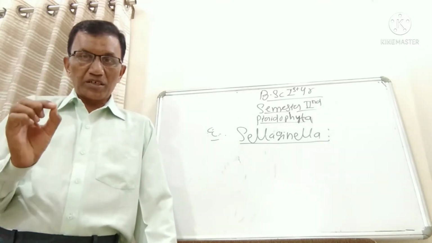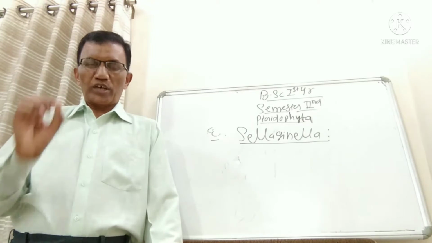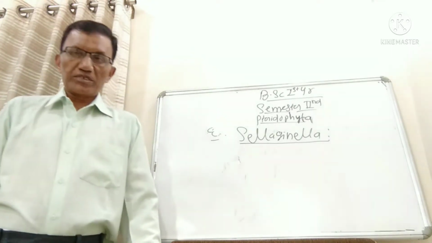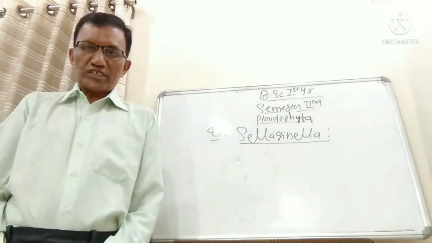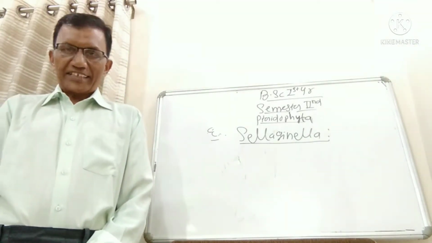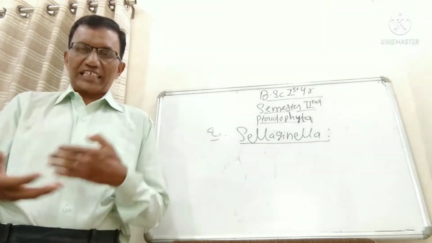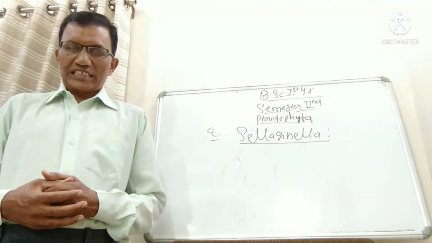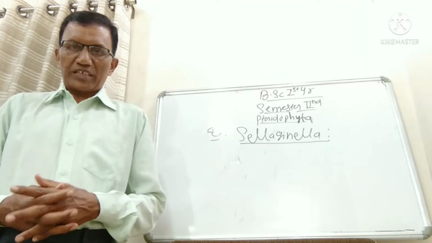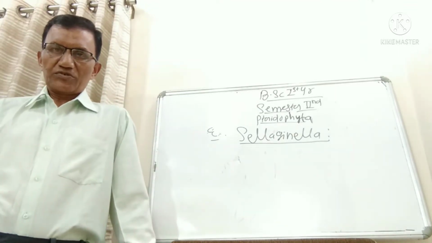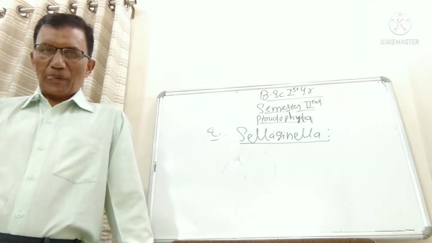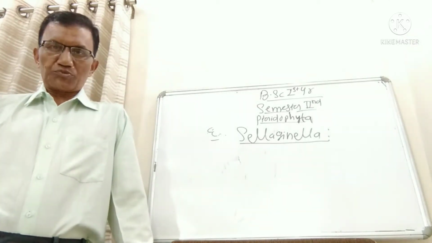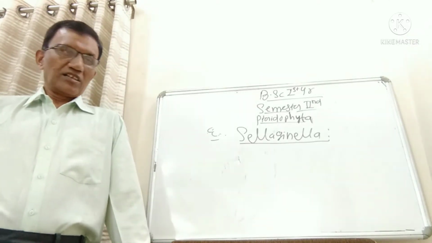Here you have to remember a very important point, that is what type of stele is there, whether it is a protostele, siphonostele, actinostele or mixed stele. Then describe reproduction or multiplication, vegetative, asexual and sexual methods, reproduction by spores, sporangia, strobilus.